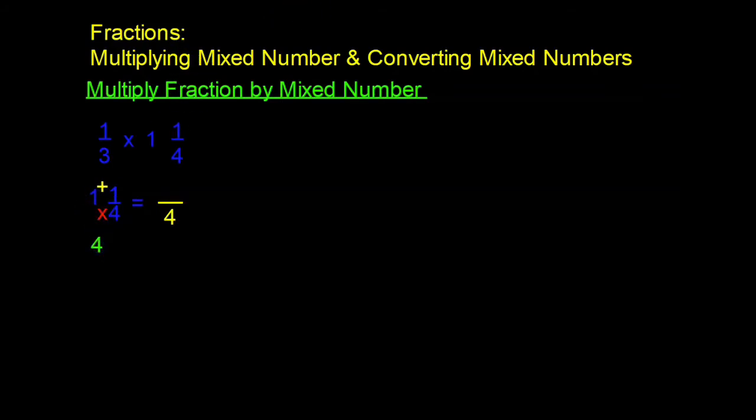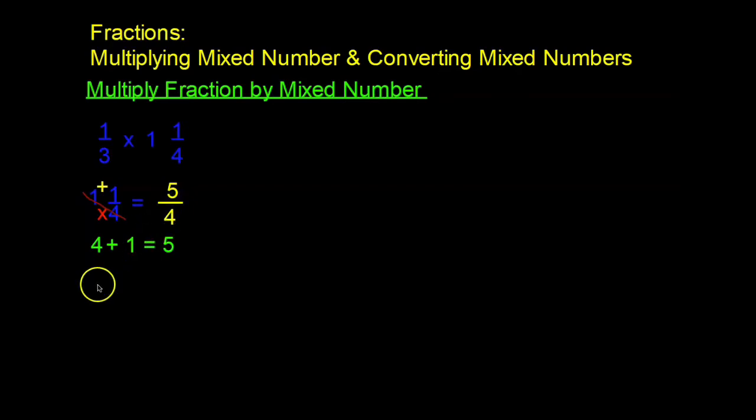I am going to cross out the 4 times 1 so you can see that that operation has been taken care of. Next, we are going to add 1 to this 4. So 4 plus 1 equals 5, and 5 becomes our numerator. So now we have 5/4.